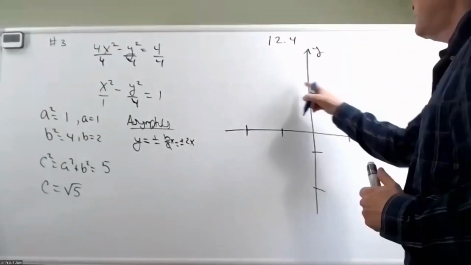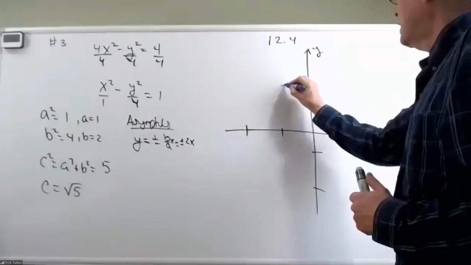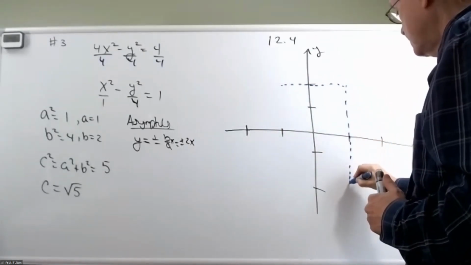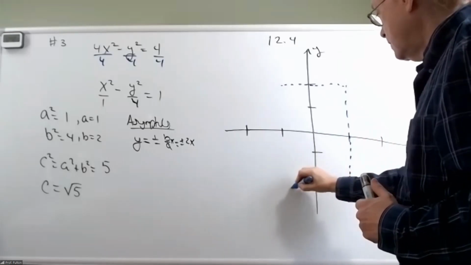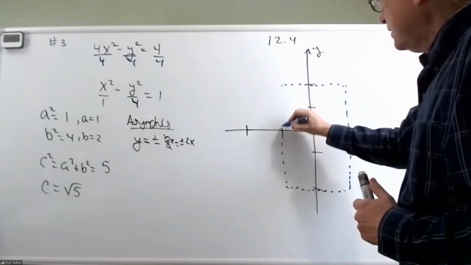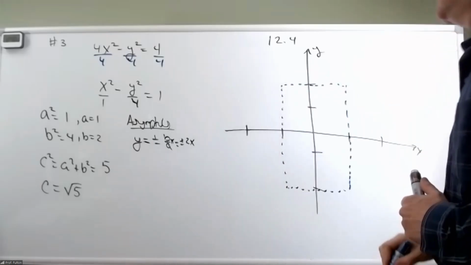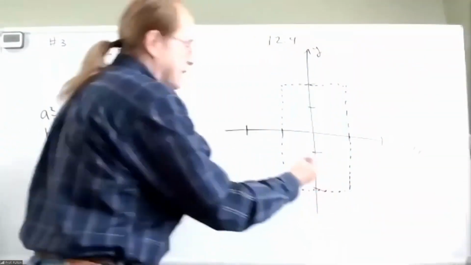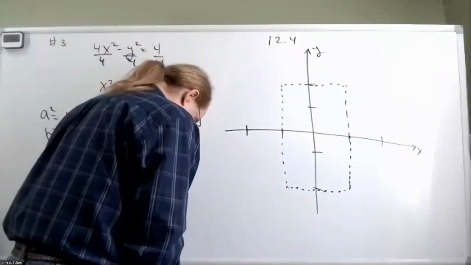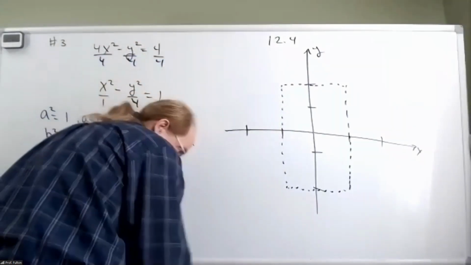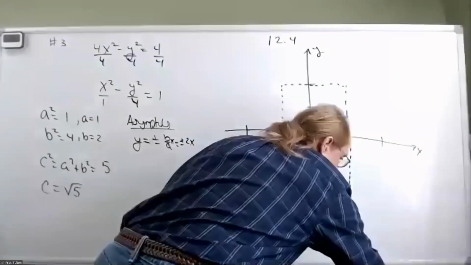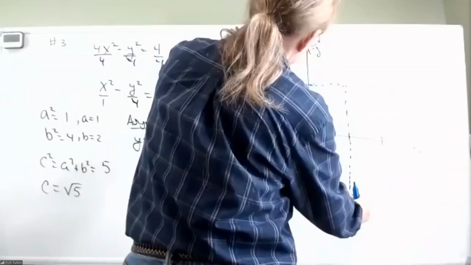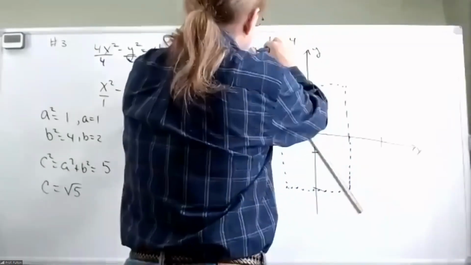So if I go up 2 along the y and 1 over in the x, I take that down 2 and then over 1, I'm going to create this little box over here. Not perfectly drawn, but it's good enough. This will create a couple of asymptotes that my graph will get closer and closer to. If I go from corner to corner, I get these asymptotes.